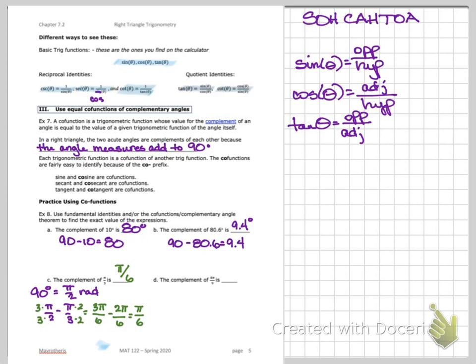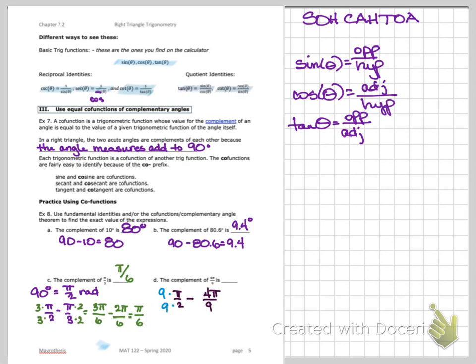One more time here. We've got to take pi over 2 and subtract 4 pi over 9. Again, common denominator.